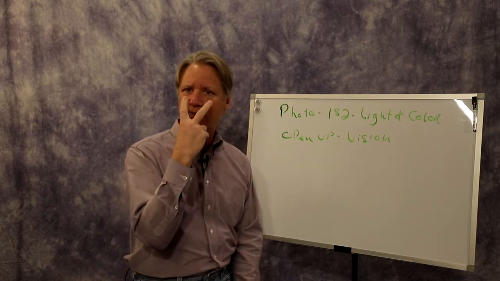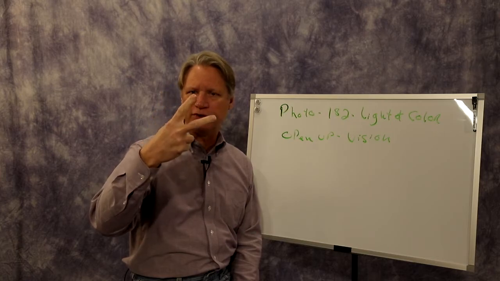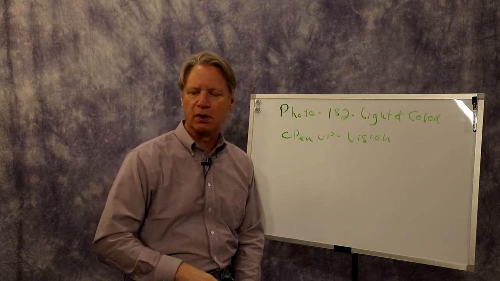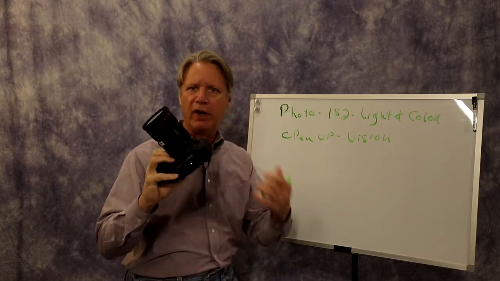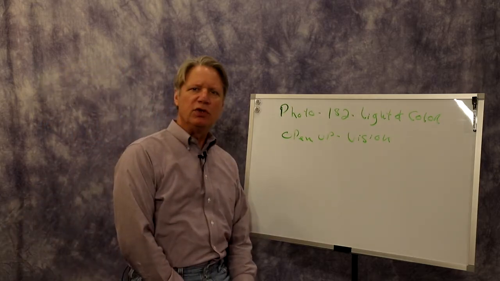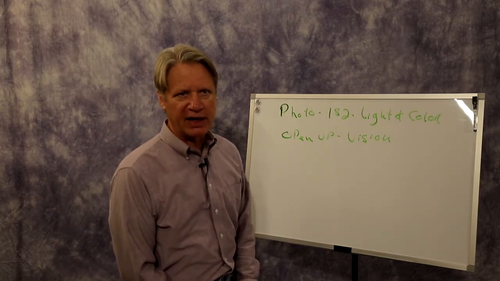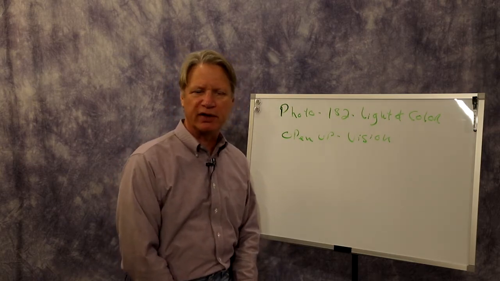So we're going from two eyes to one eye. We're going from 3 dimensions to 2 dimensions, right? So it's just one of the things to be aware of or notice when we start looking at what happens when we put the camera up to our eye and begin to frame a subject, right?